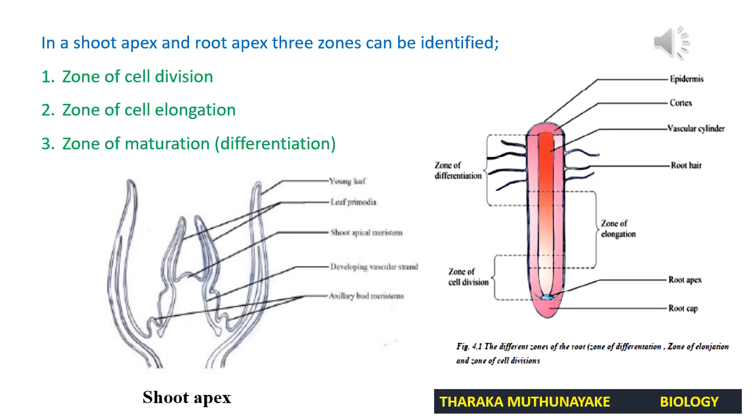In your notes, you can cut this word root apex and write apical meristem, which consists of initials. Those initials divide and add new cells. Those new cells are pushed upwards towards the zone of elongation. Then cells are elongated. Then those elongated cells move towards the zone of differentiation or zone of maturation, where they are differentiated and produce permanent tissues.